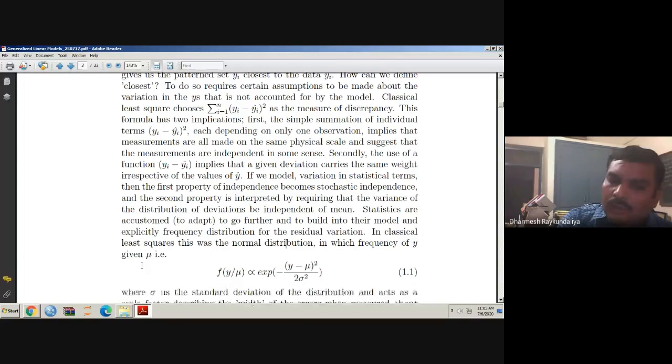this was the normal distribution, in which the frequency of y is given by this. So if we model the errors in the classical theory of least squares, then we say that it is a normal distribution. Here f of y is proportional to this quantity. When I say proportional, that means I have not taken the normalizing constant. We know that for the normal distribution, the normalizing constant is 1 over root 2 pi sigma.